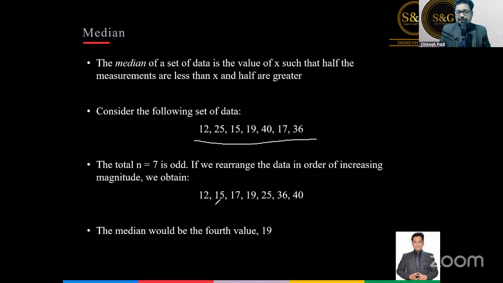We arrange the data in ascending order, lowest to highest, and 19 is the central value. You can see 3 on the right side and 3 on the left side, so 19 is at the center. That's why 19 is called the median of the data set. Everybody knows about this, just give me yes in the chat box.